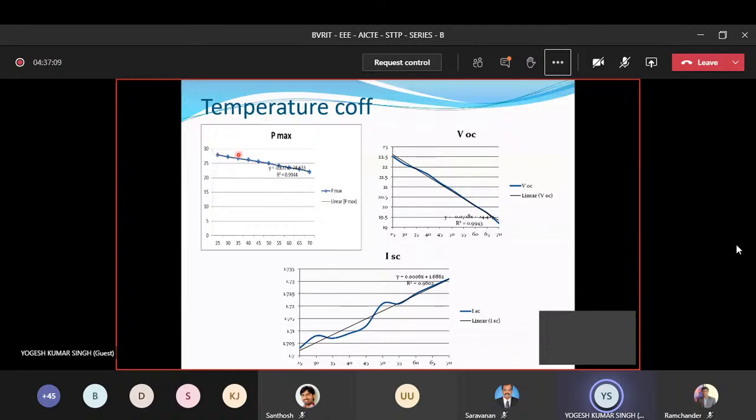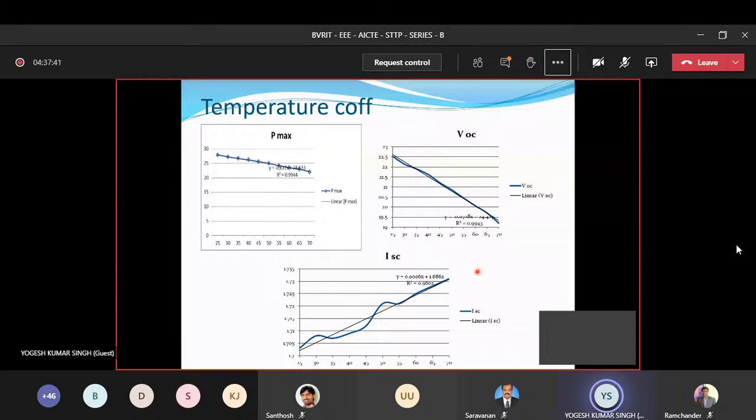The graph going to the downside means a negative temperature coefficient, and the graph going to the upper side means a positive temperature coefficient. Here in this graph, the power and voltage graphs go downward, so that is the negative temperature coefficient, and for the current the value is positive. That's why the temperature coefficient of the current is a positive value.